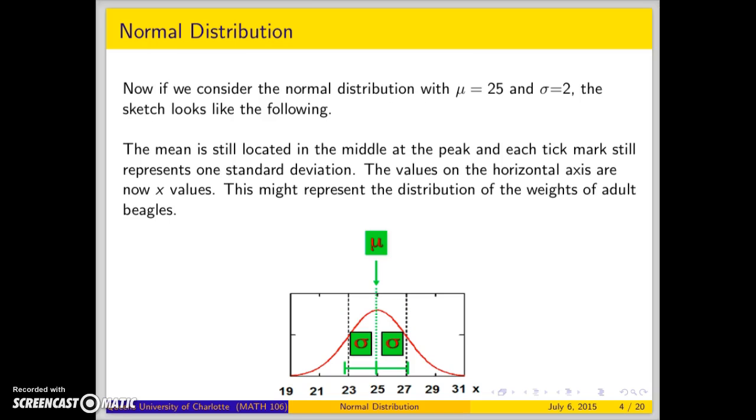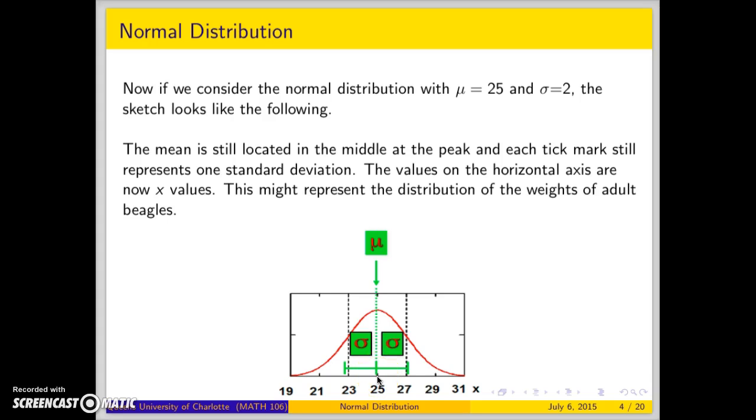Now if we're looking at a non-standard normal distribution, we might replace the 0 with whatever the mean is of the distribution we are looking at. So in this case, we are looking at a normal distribution with a mean of 25, so 25 is in the middle, and a standard deviation of 2.